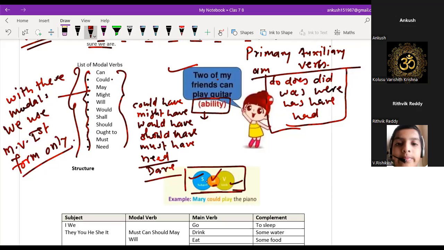Which form do we use with these modals? First form only. That is why it is written only verb. For example, I can lift this box. So lift is the main verb first form. Did you get it?